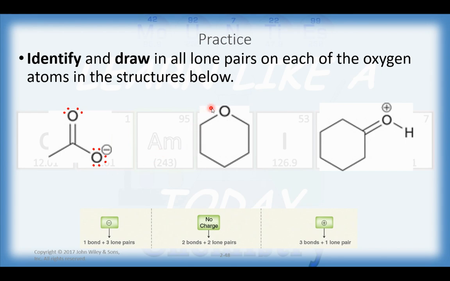In this structure here, we see oxygen bonded to two other carbons, no other bonds to the oxygen, so that means there's going to be two lone pairs on that oxygen. And in this last one, oxygen's carrying a +1 formal charge, and there are three bonds to it, so that means that there's only going to be one lone pair on that oxygen.